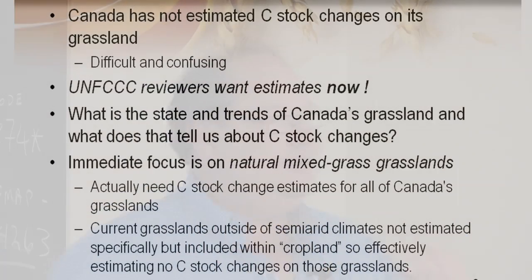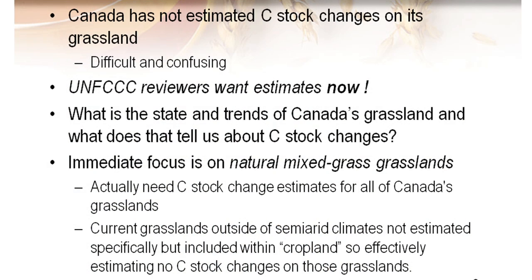Because, as I said, given our definition of grassland and our needs, our immediate focus is on these natural mixed grasslands, because that's what we said is missing. But of course, we need carbon stock changes for all our grasslands, so it's not just that narrow definition. In a way, because the others are called cropland, they are being included.